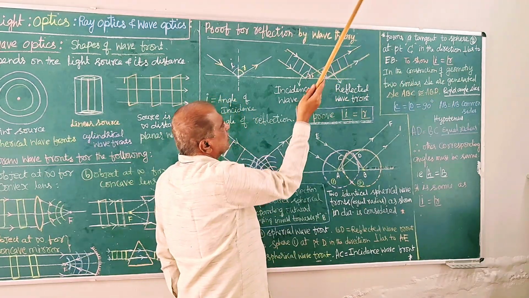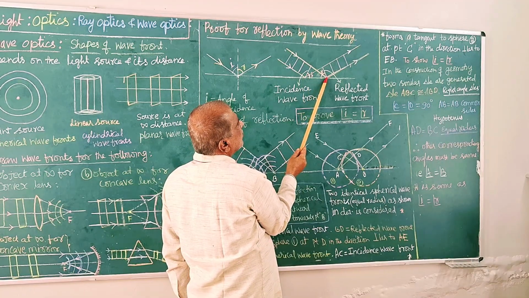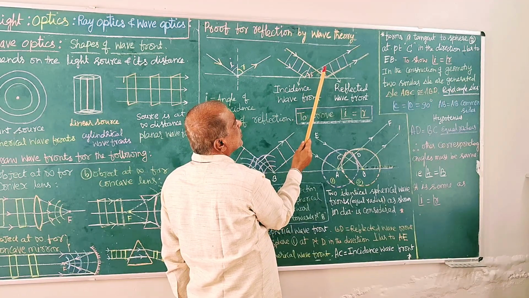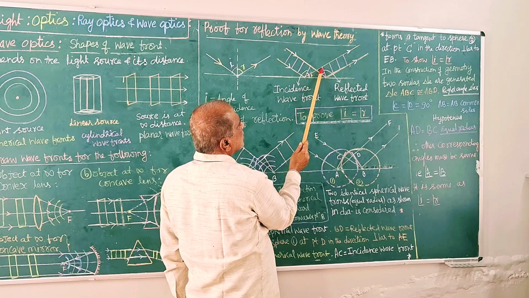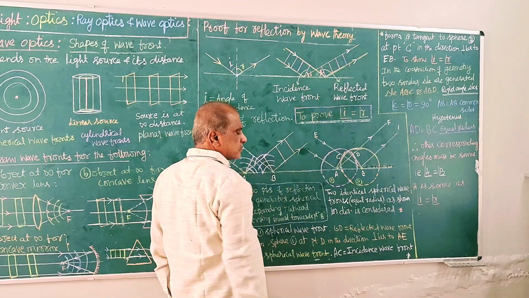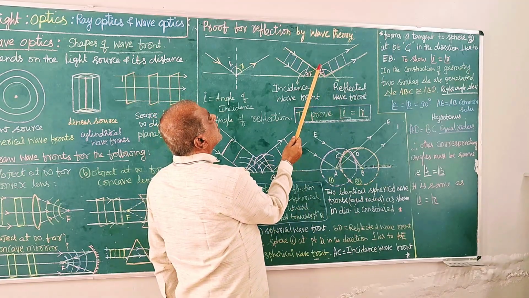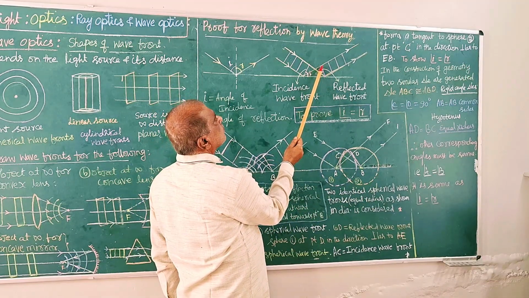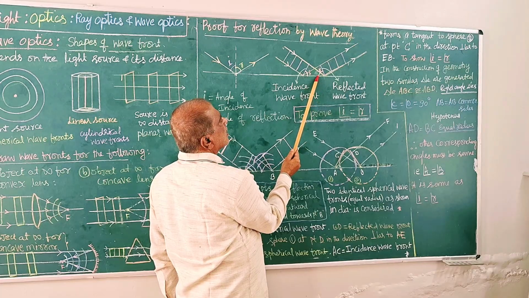After reflection, you see that the planar wavefront begins to appear from here. This is the point. From here the first reflected wavefront is generated, and others are generated successively like this. Again it is a plane wavefront, planar and this planar.